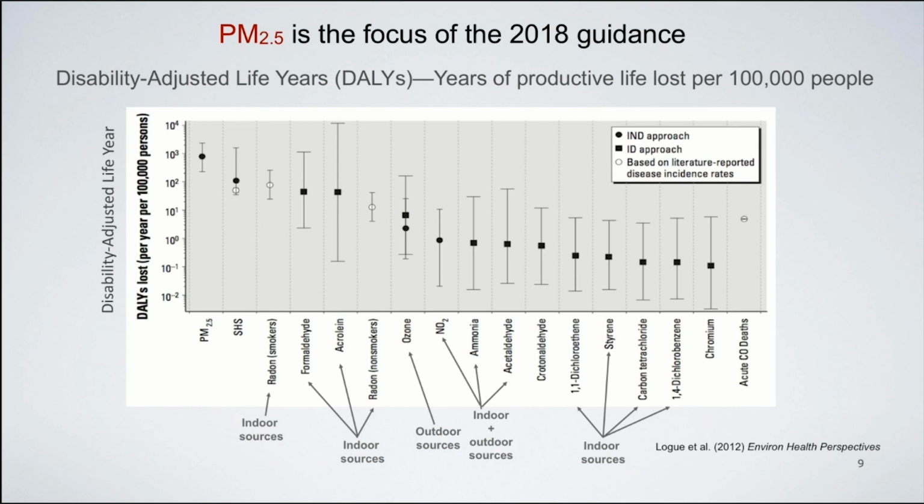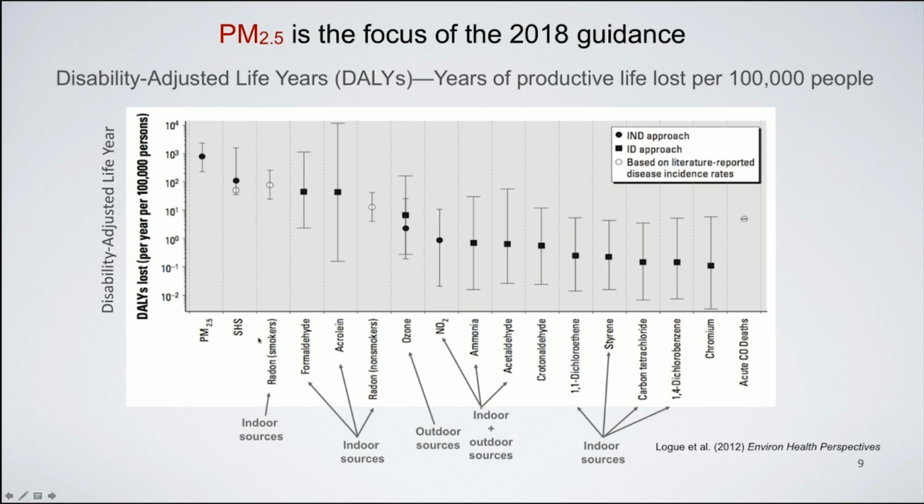The graph that you see on the screen now is a summary of work done at Lawrence Berkeley Labs by Jennifer Loeb, and she looked at the universe of indoor contaminants for which we knew that the contaminants were in buildings at measured levels and for which there was health-related data, and then conducted a relative risk analysis.